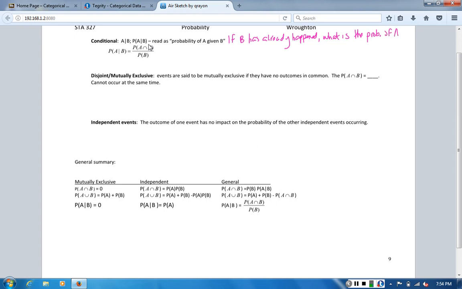That's what we're trying to find. So we already know something. A big thing to understand here is that it limits your possibilities.